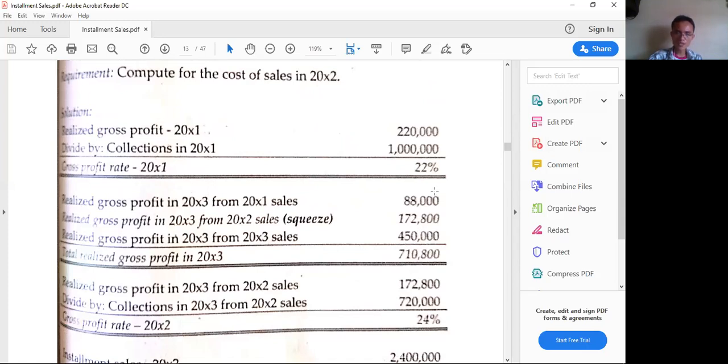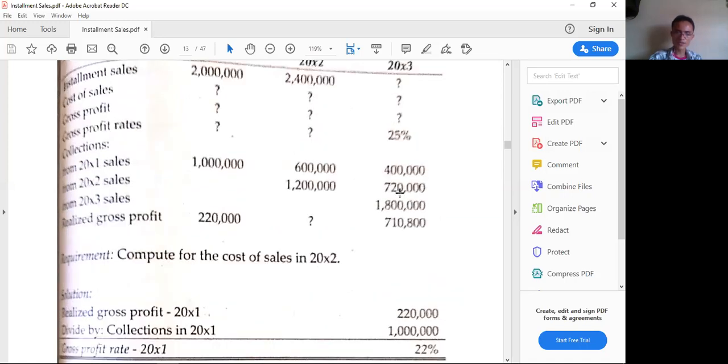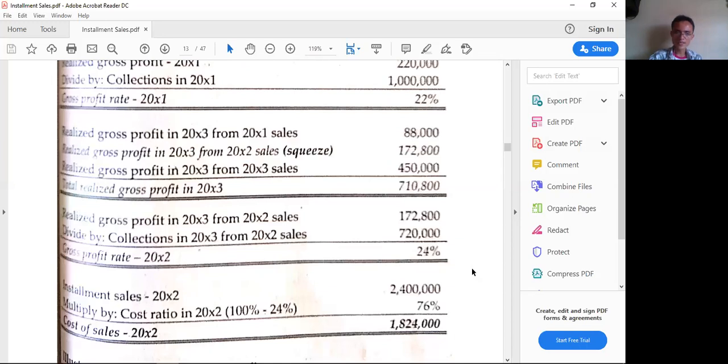And if we squeeze now, 710,800 minus these two, we will get 172,800. That's the realized gross profit in 20x3 from 20x2 sales. Should we divide this one by collections of 720,000 in the year 20x2, that's 24%. So we are now able to get the GPR actually in those 3 years.